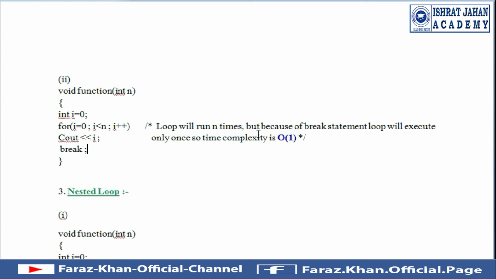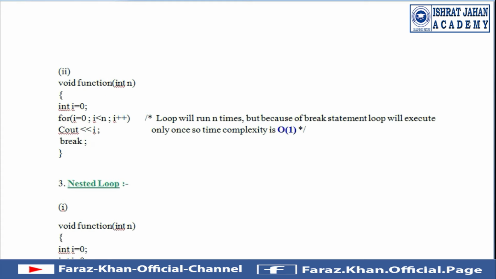The loop will run n times, so obviously the time complexity of this loop would be O(n). But because of the break statement, the loop will execute only once. So the time complexity would be O(1), right?